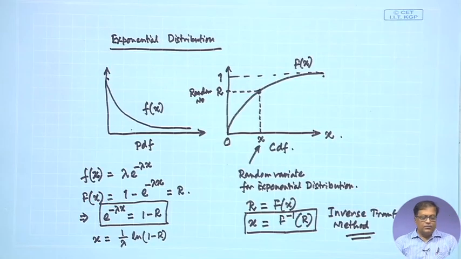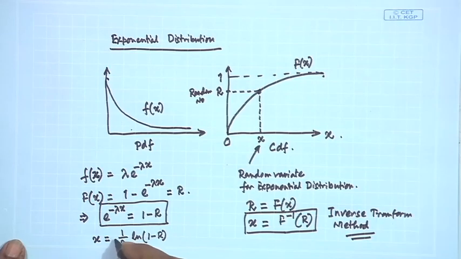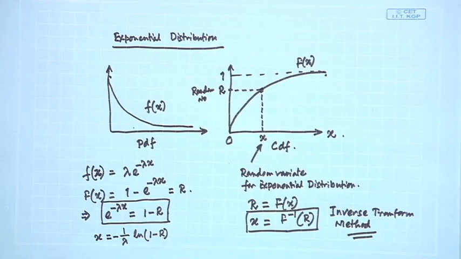Now, there is a minus sign. One thing to look at here: should we use 1 minus r? What is 1 minus r? Basically, there is a random number r, and a random number is between 0 and 1. So, if r is a random number, 1 minus r is also another random number.